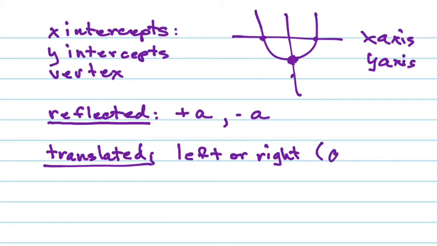So always remember that when you do that, change the sign. So if it moves to the right, we would usually think of moving to the right as a positive number, but when you put it in that bracket with the x, it actually becomes a negative number, right? So it can be moved to the right 3, so that's x minus 3. So be very careful about the signs, okay?